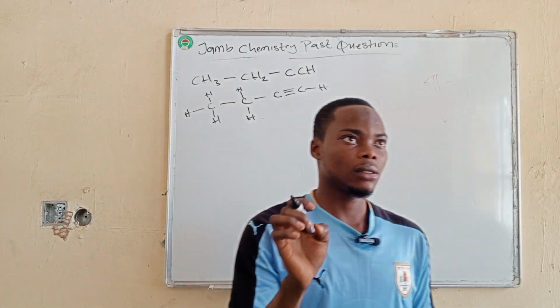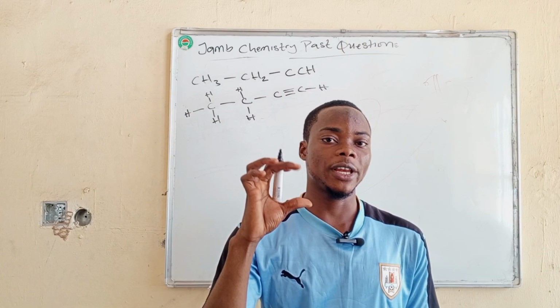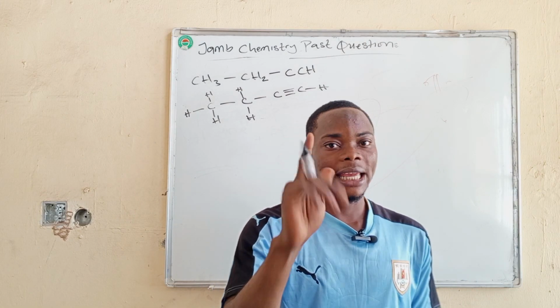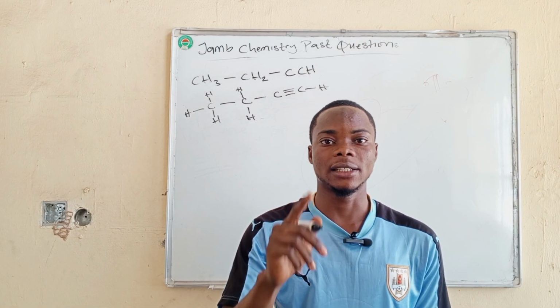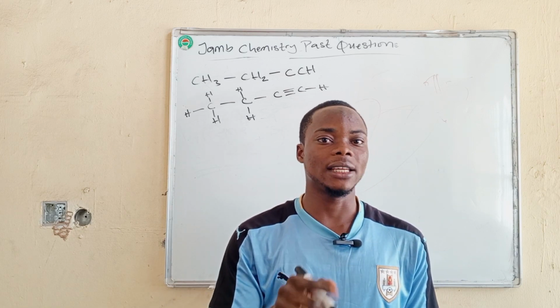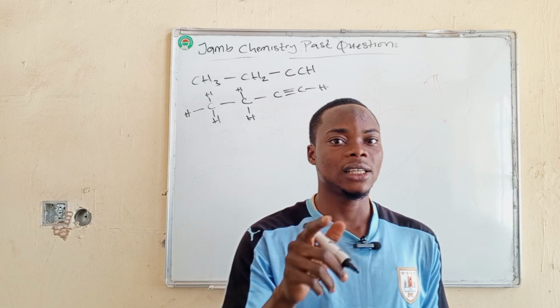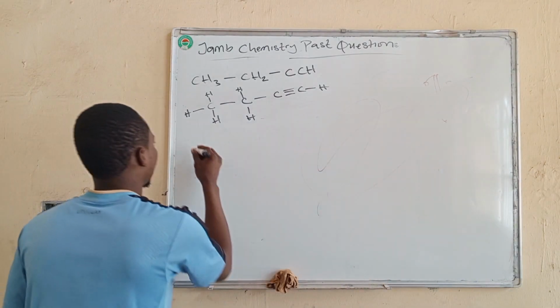So this is the easiest way for you to know what the hybridization state of any compound is. For alkane, the hybridization state is sp3. The hybridization state of alkene is sp2, while the hybridization state of alkyne is sp. Let me write it down.